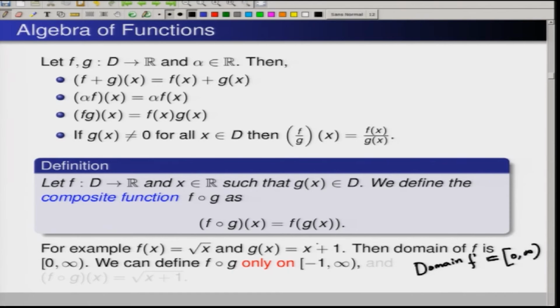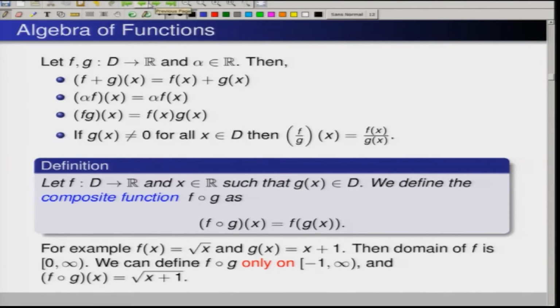Now, in order to define f composed with g, we can only define it if this x plus 1 is greater or equal to 0. That means, x has to be greater or equal to minus 1. Therefore, f composed with g can only be defined on minus 1 to infinity. Then g is going to take the value to 0 to infinity, g of x is going to be inside 0 to infinity. Therefore, f can act on g.